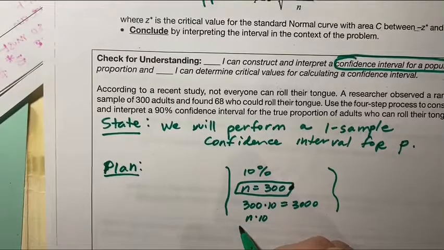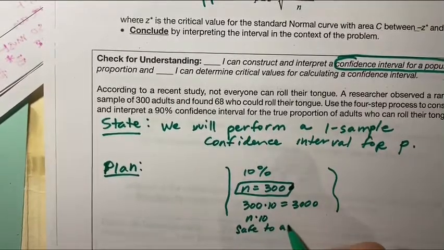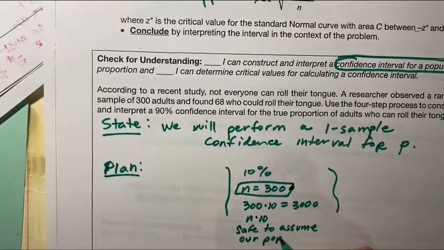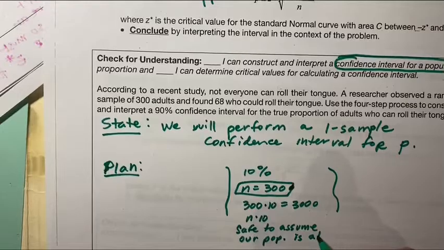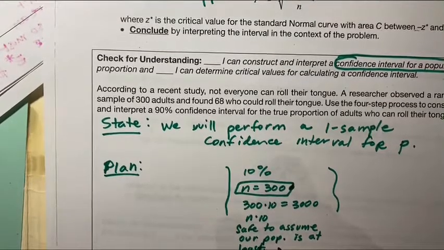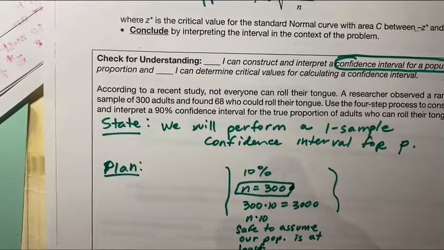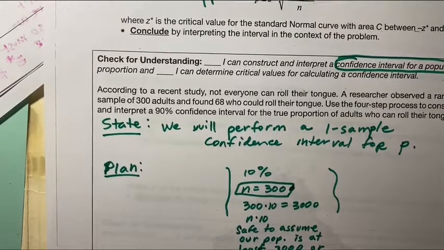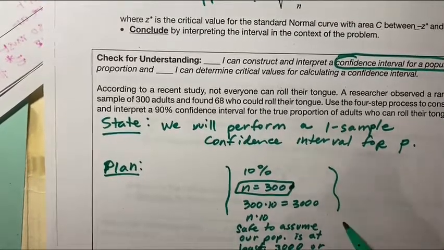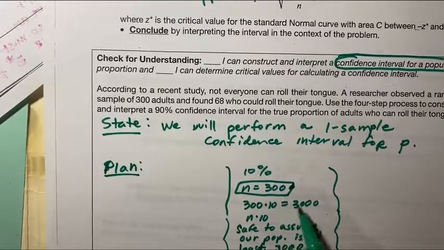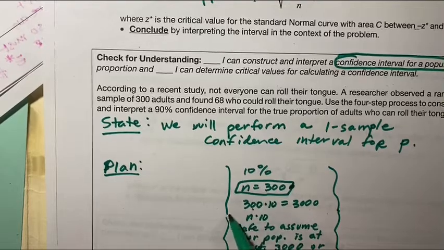It's safe to assume our population is at least 3,000 or greater. Safe to assume our population is at least as great as 10 times the sample.